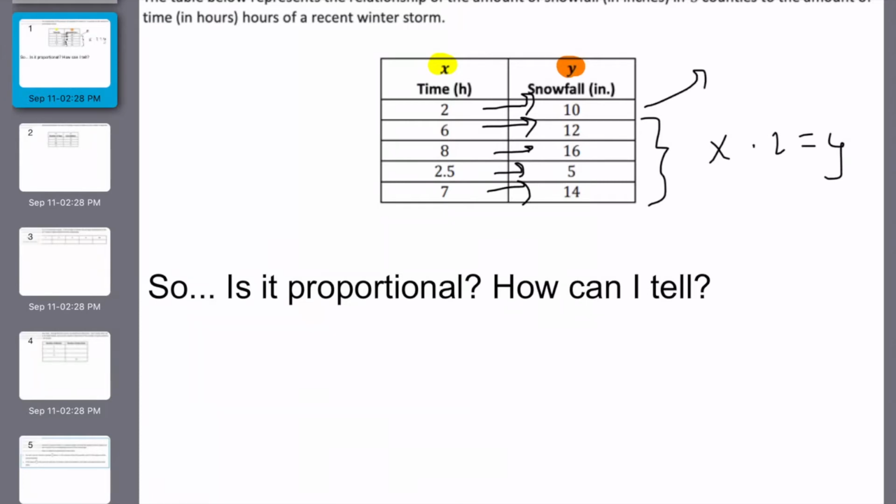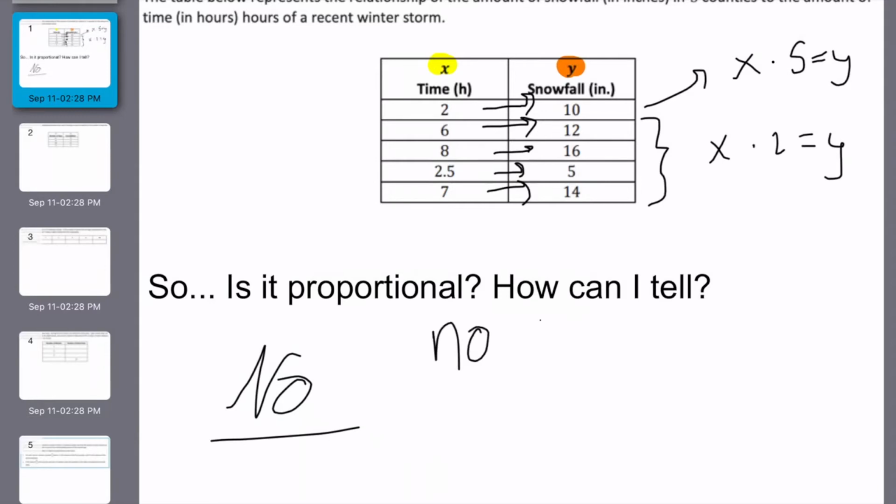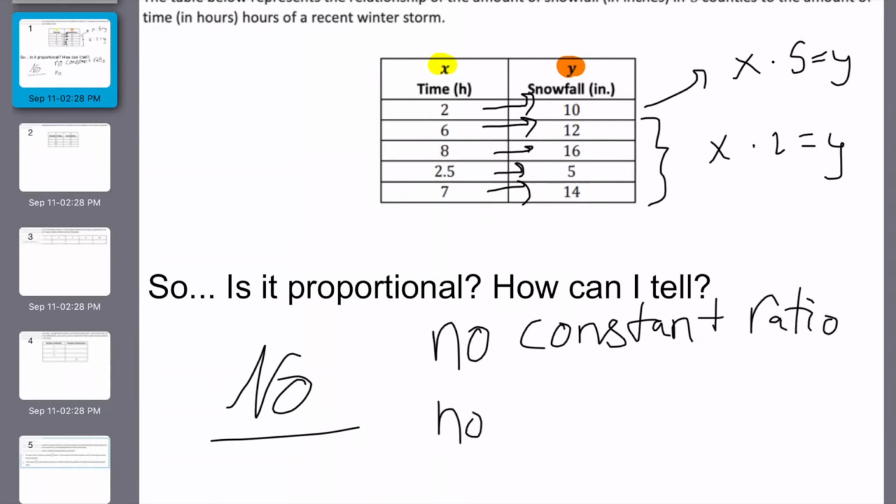But for this one, it's my x value times 5. So is there a consistent ratio that happens every single time? Is there a constant of proportionality, constant ratio, constant rate of change that is happening? In this case, there is not. No, there is no constant ratio or no constant rate of change.